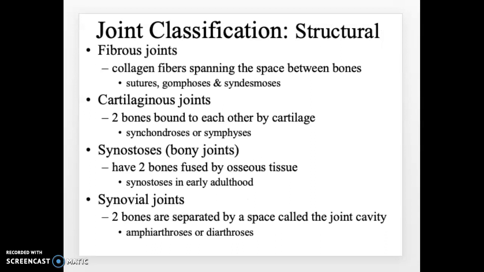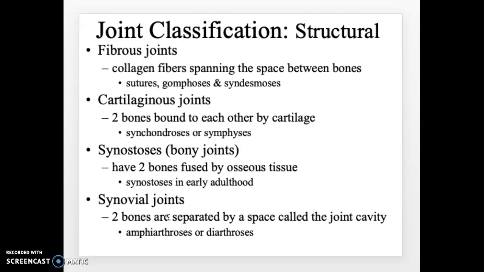And then if we classify them based on the type of connective tissue holding them together, there's four categories. So fibrous joints are held together by collagen fibers. Cartilaginous joints are bound together by cartilage. Synostoses are bound together by osseous tissue, so bones. And then synovial joints are separated by something called a joint cavity.